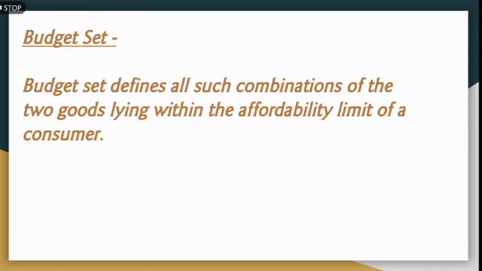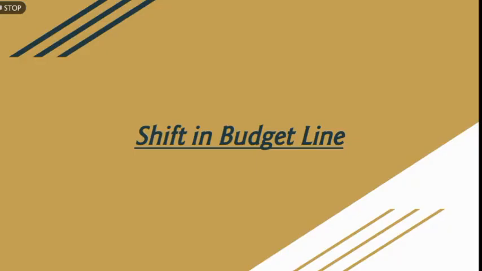So this is the budget line. Now, the budget set is all the combinations of goods lying within the budget limit of the consumer. Like in the previous one we have seen A, B, C, D, E, all lying on the same line. Those combinations together are known as the budget set.